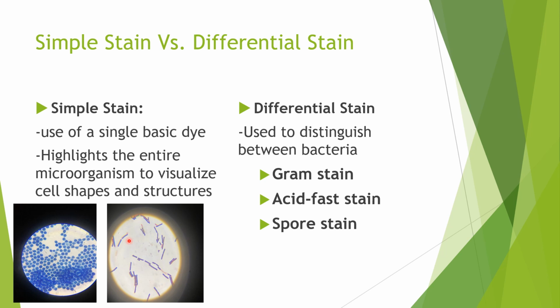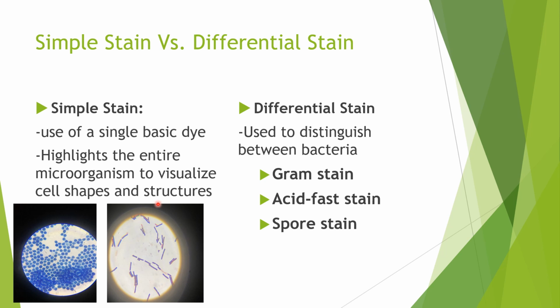So it can help you figure out the shape, the structure, the arrangement. And we're going to talk about arrangements, whether they are clumped together, staphylo or strepto, and the different names for the arrangements. But this is the whole point of a simple stain, so that you can go ahead and take a look at the microorganism.